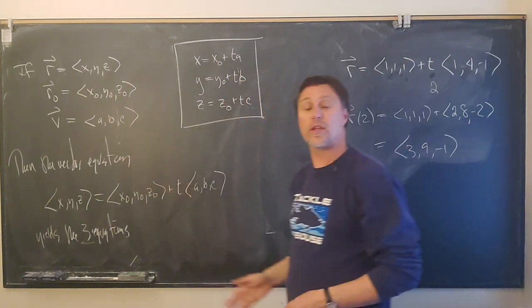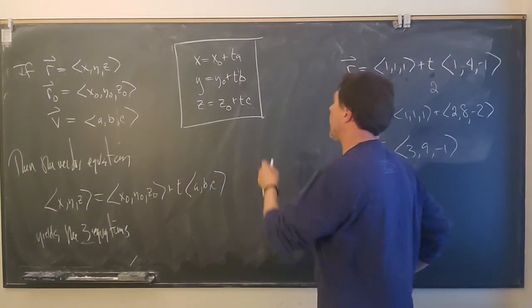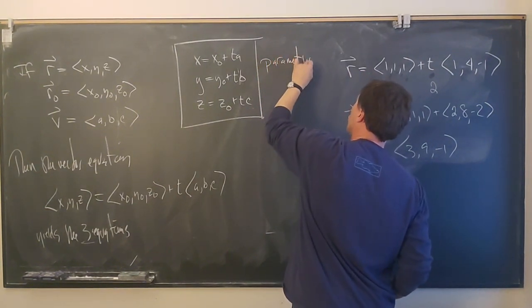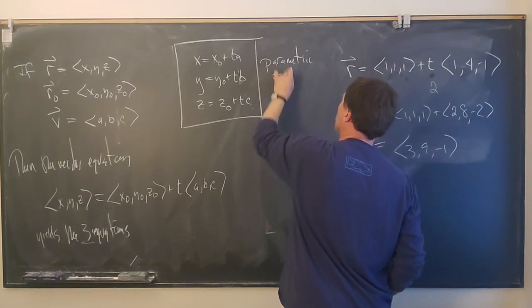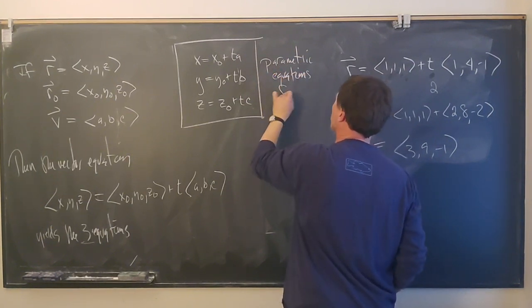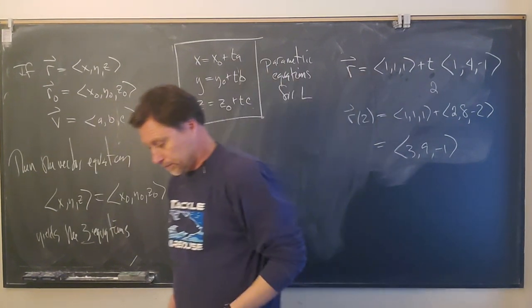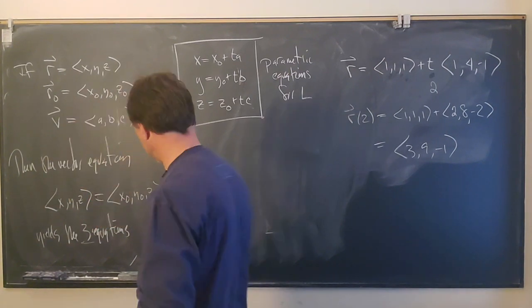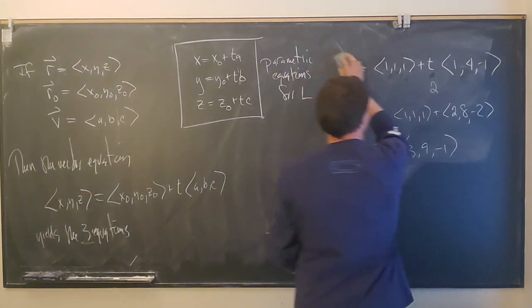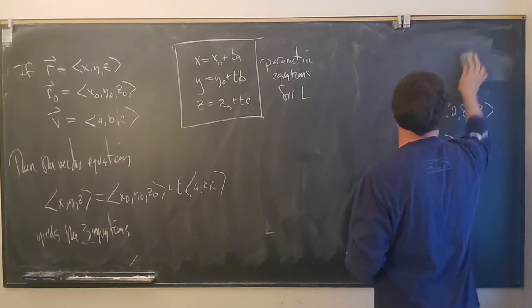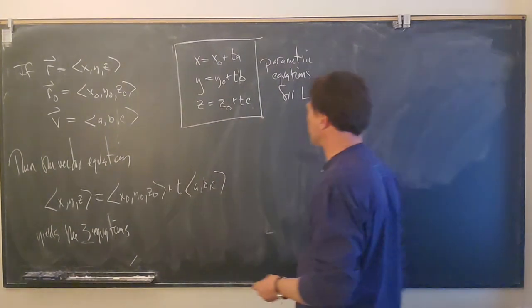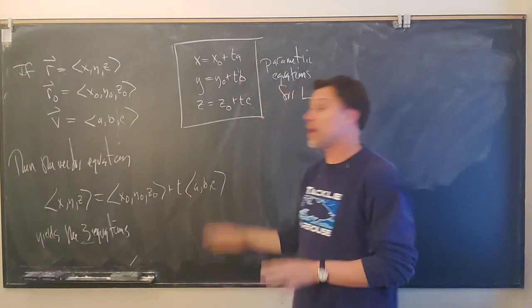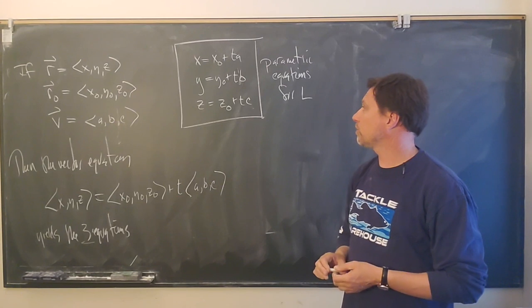These three equations together are called the parametric equations for L. You should be able to go back and forth between the vector equation and the parametric equations. I tend to use the parametric equations a bit more than the vector equation, but they give you exactly the same information.